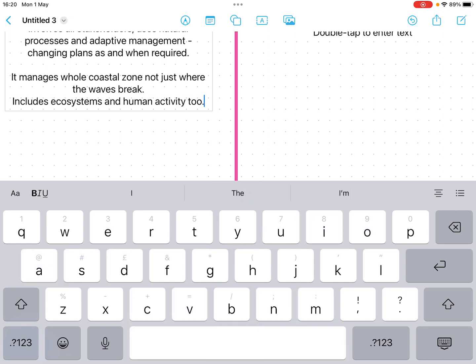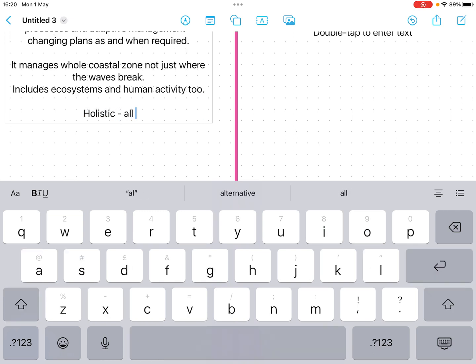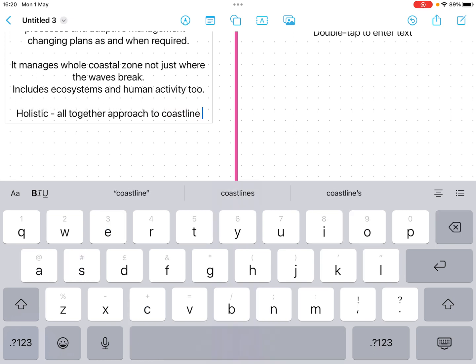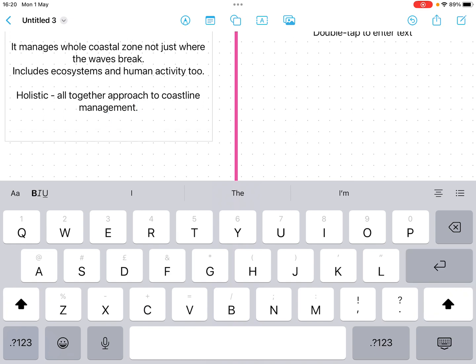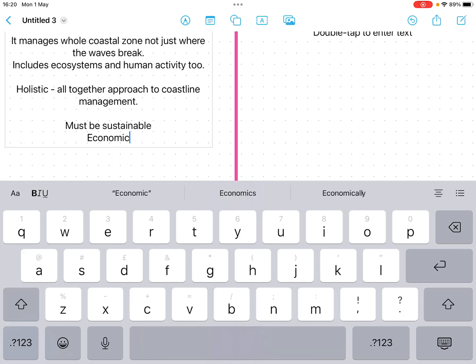So it looks at this holistic approach. Holistic meaning all together. And it's a holistic approach to coastline management. Now, what else? Well, it recognises that it must be sustainable. So what we mean by that is that economic development must be included.